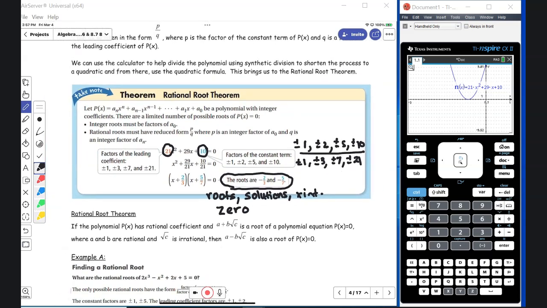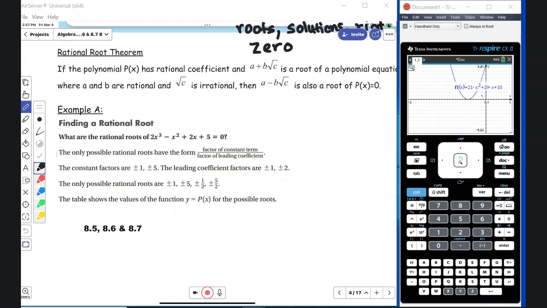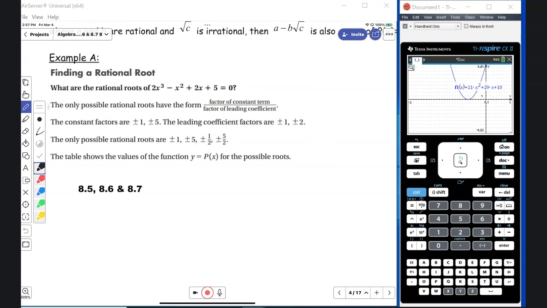So we're going to do an example, and we have a cubic polynomial, for example a, and it's asking for what are the rational roots of 2x cubed minus x squared plus 2x plus 5.